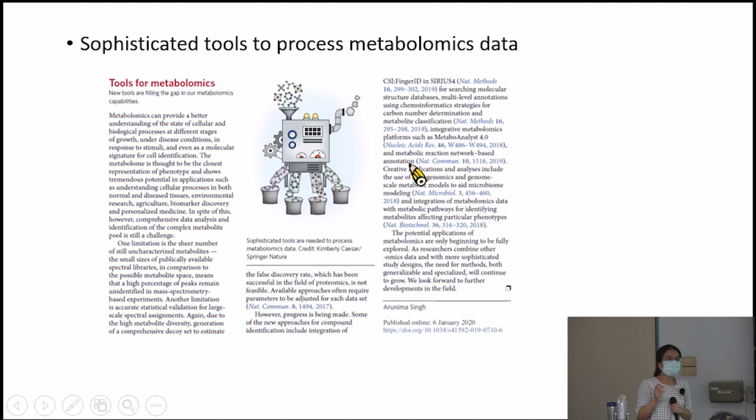But when using this traditional approach, there is a limitation because over 90% of the peaks are artificial, not significant, and not meaningful. That's why many groups try to create different approaches to annotate different metabolites. We do believe that there will be more and more data and more platforms that can help us to process metabolomics data sets.